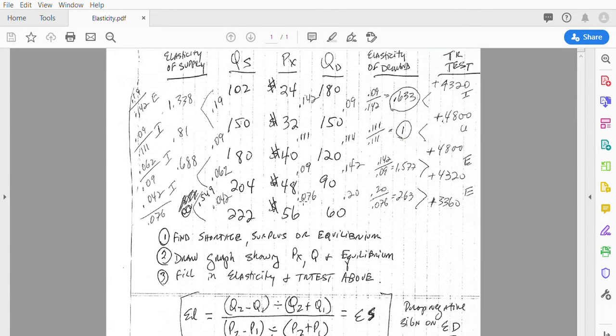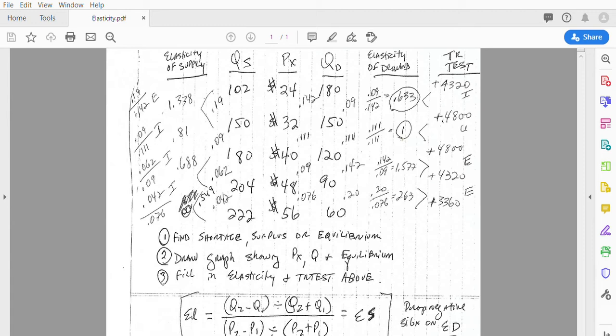We know that using this equation on the bottom, anything below 1 means we have an inelastic situation, or buyers are not responsive as much to the price change. They're willing to buy more than the change in price. And anything above 1 indicates that buyers will reduce their quantity, or even sellers, compared to the change in price.